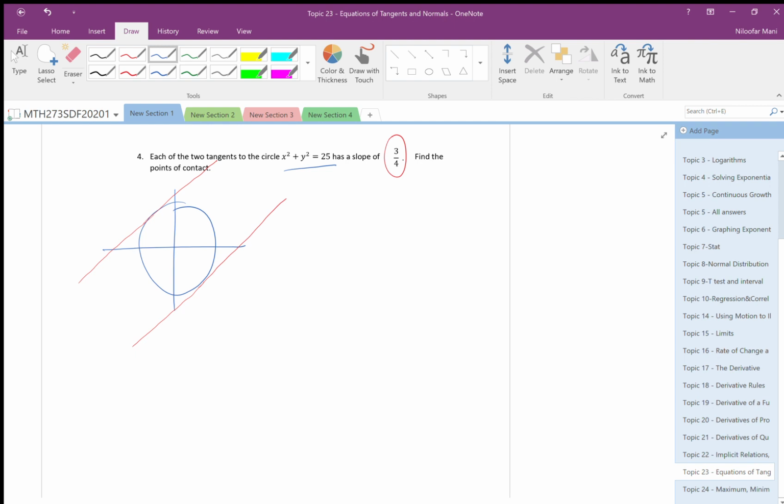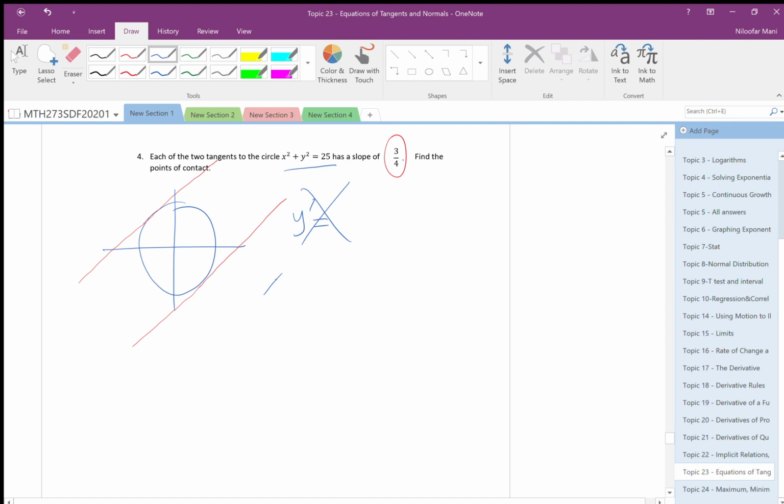Okay, so it says each of the 2 tangents has this slope, find the points of contact. First of all you have to find y prime. Then put y prime equal to 3/4, because that's the slope, and the slope is given, and then you can find the point. Okay, so look at this. Can I start from y prime equals? No, I don't, because I do not have an explicit function. This is implicit.